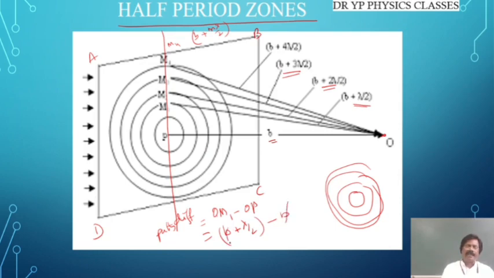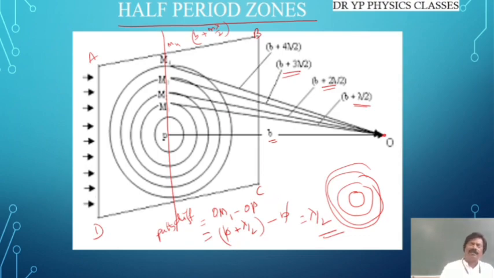So b gets cancelled, and we get lambda by 2. Similarly, for the next one, it is going to be lambda. Therefore, in reaching the point O, the path difference is lambda by 2.